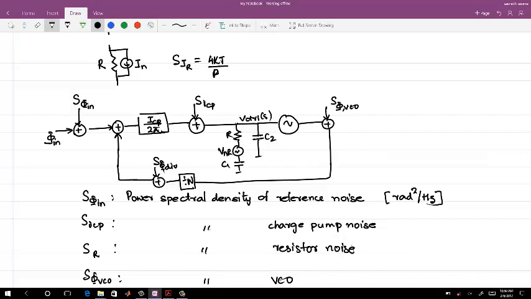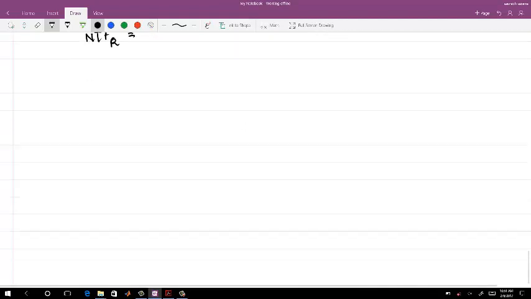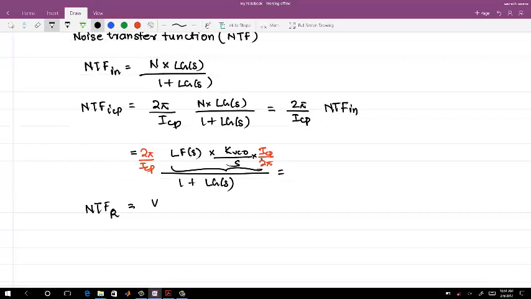Just the loop filter, what I am trying to say is you have C1, C2, V of R and V control. Okay. So you find V control by V of R, then I will leave that part. So V control of S by V of R transfer function.